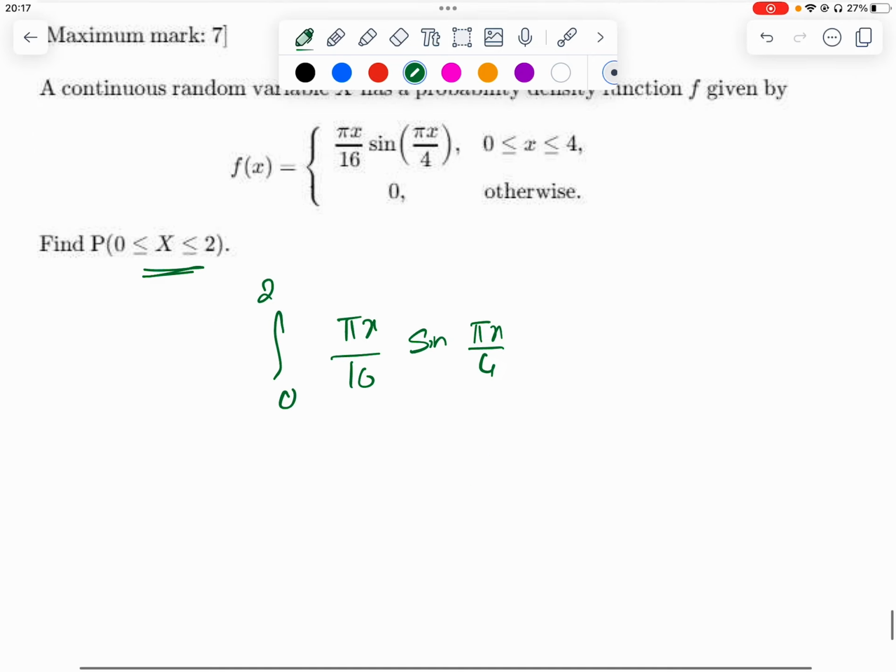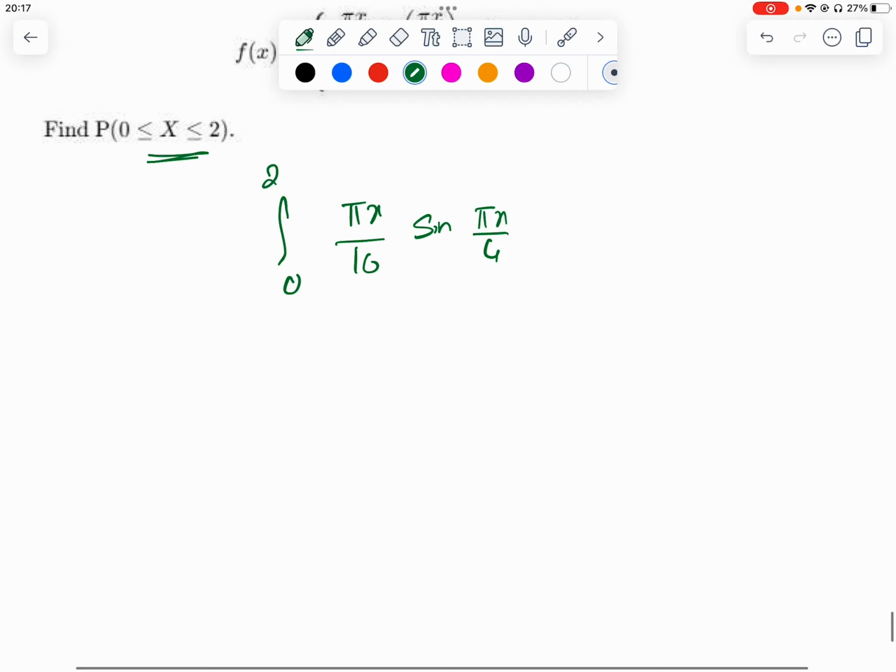Then use first function and second function integration by parts. The first function is the algebraic function and the second function is the trigonometric function.